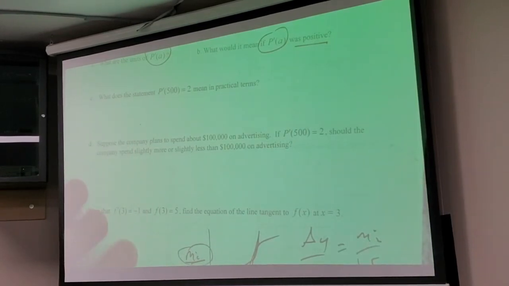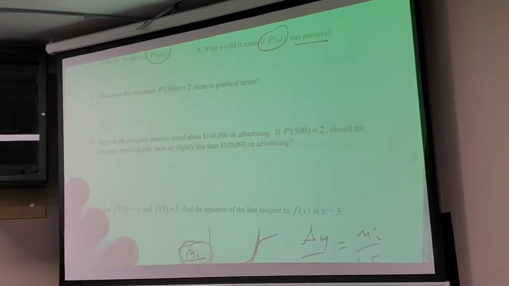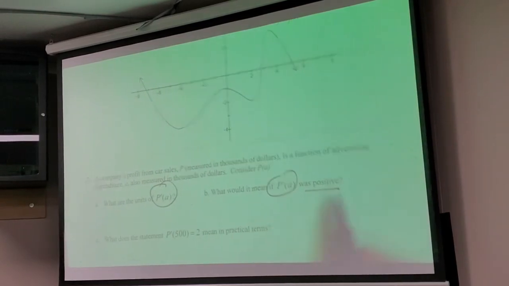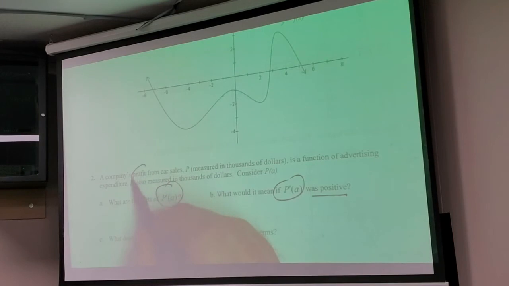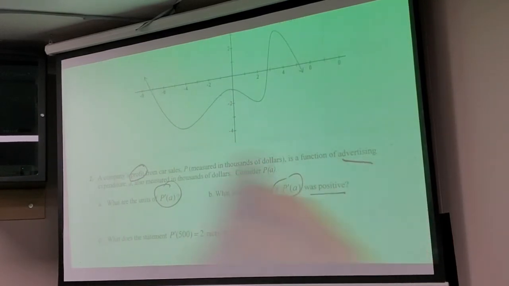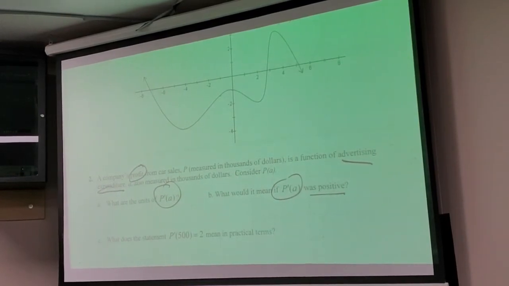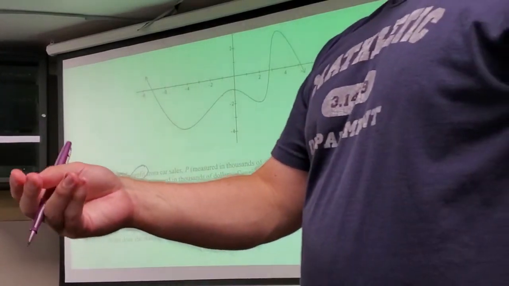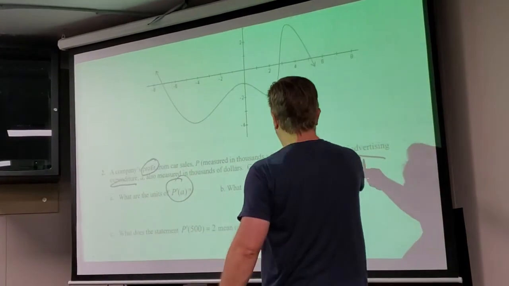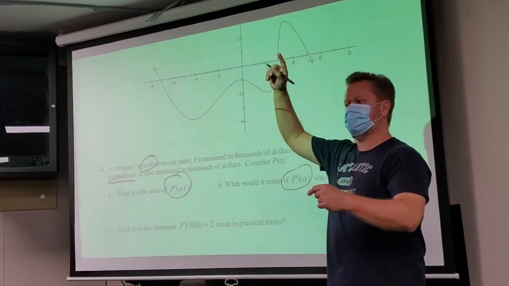For every little motion on this, I'm going to rack up more of those. If it's negative, that means I'm coming back home. So what does it mean if that's positive? That means my profit would be increasing for every extra money I put into ads, right? P prime is profit increase basically, so that would mean my profit's increasing. If I paid for more ads, my profit would increase. That's what that means.